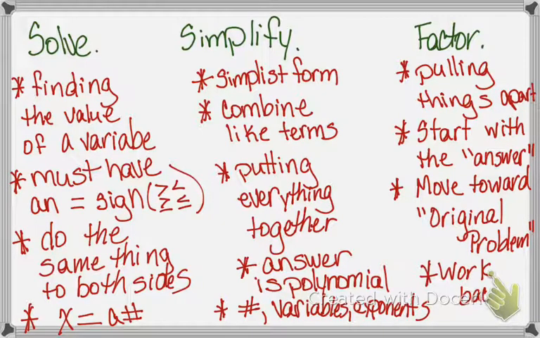Okay, now, so some key words. For solving, you got to have an equal sign. If you don't have an equal sign, you're not solving. Okay? And your answer is a number. For simplifying, we are putting things together.